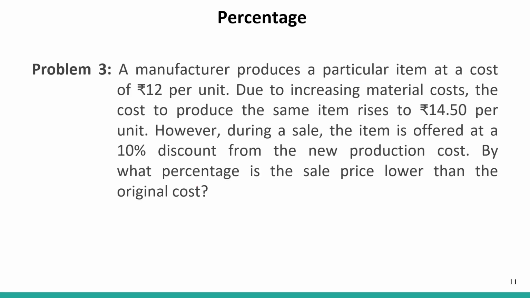So problem number 3 asks us: a manufacturer produces a particular item at a cost of 12 rupees per unit. Due to increasing material costs, the cost to produce the same item rises to 14.50 per unit. So the initial cost is 12 per unit, and after the increment, the new cost is 14.5 per unit.